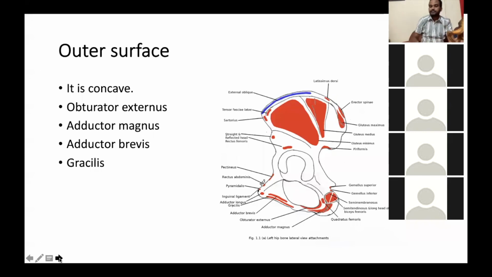Can you see this surface here? All these muscles take origin from the outer surface of the ramus of the ischium.